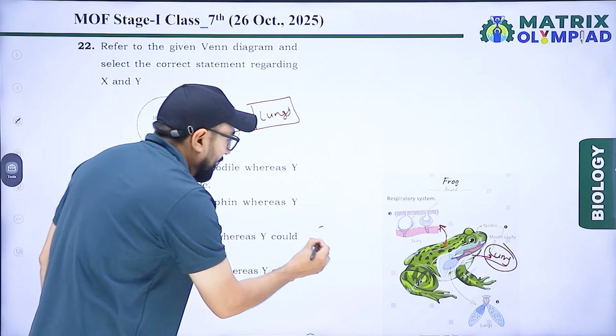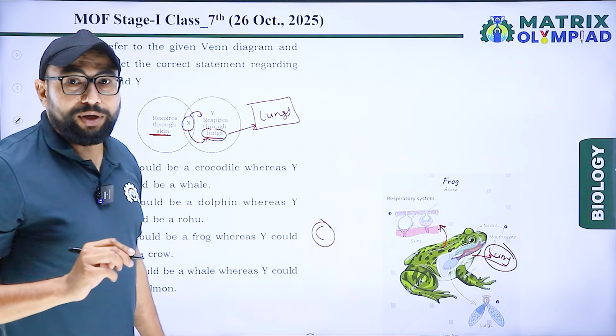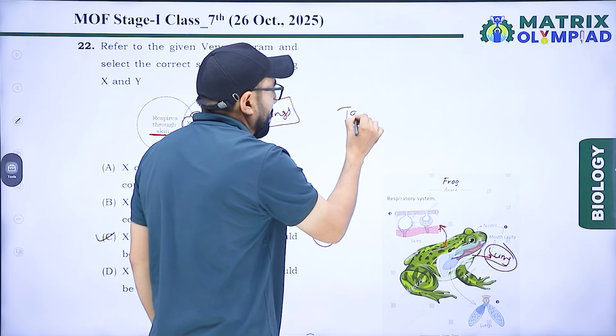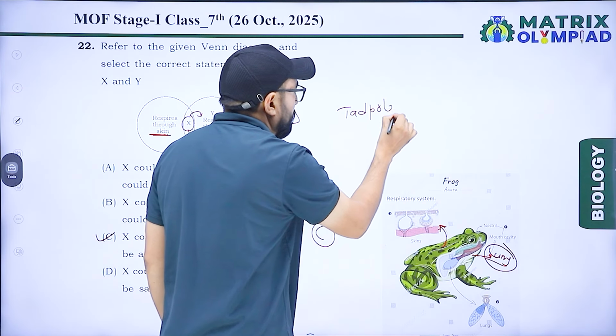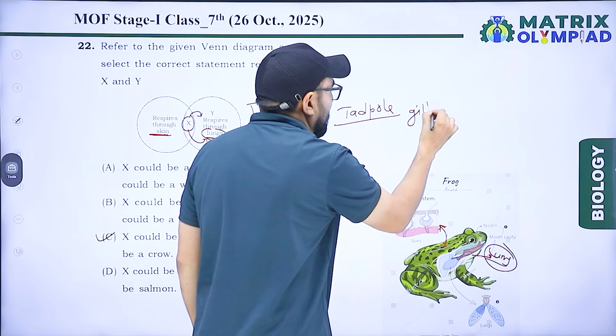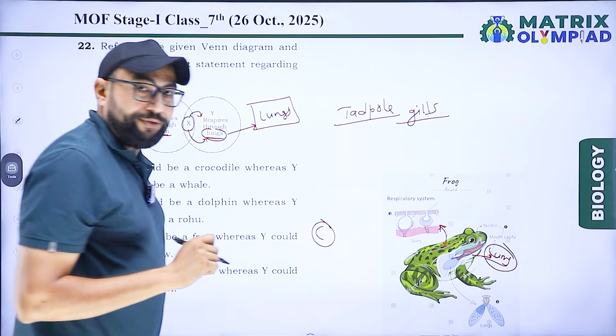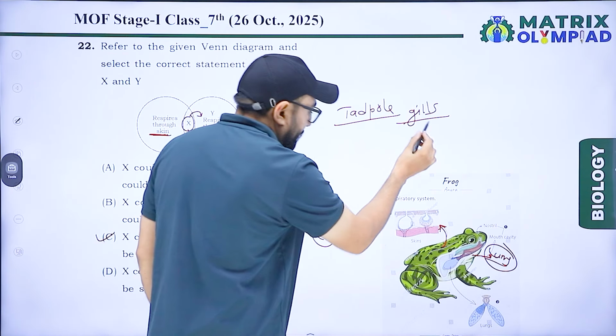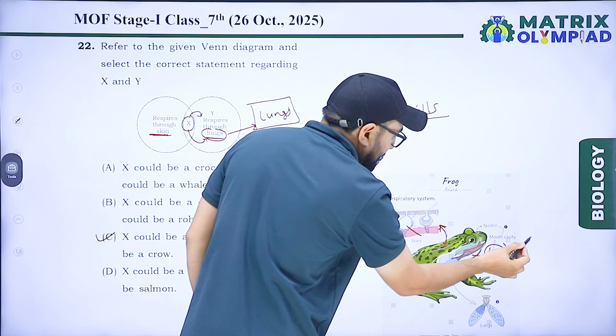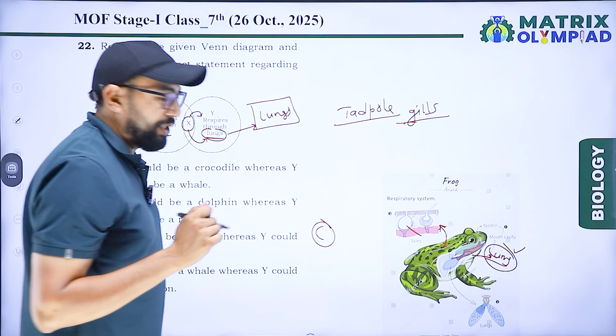Option C is correct. In a frog, the tadpole uses gills for respiration. So in the life of a frog, gills, skin and lungs are used for respiration.